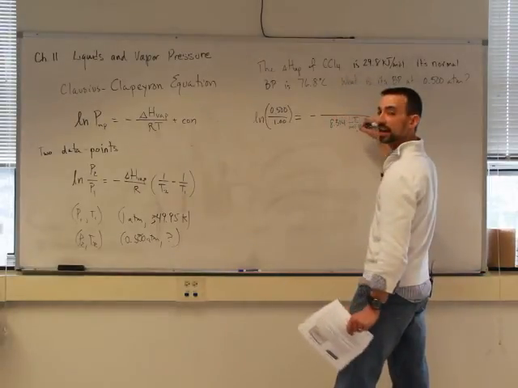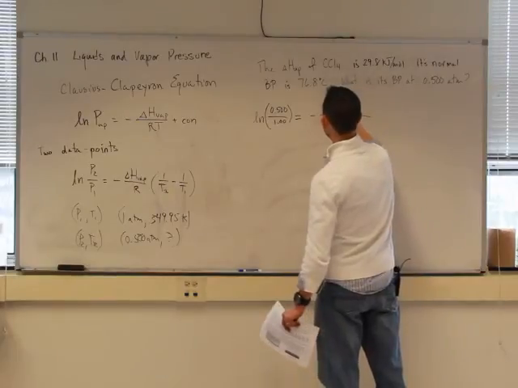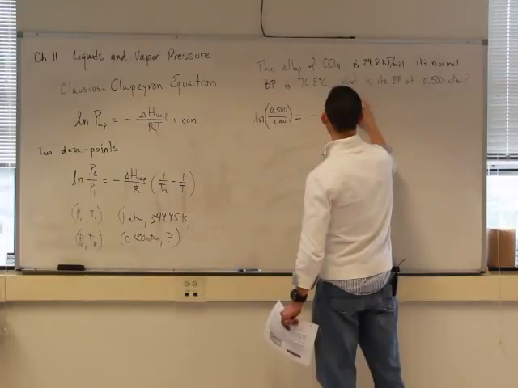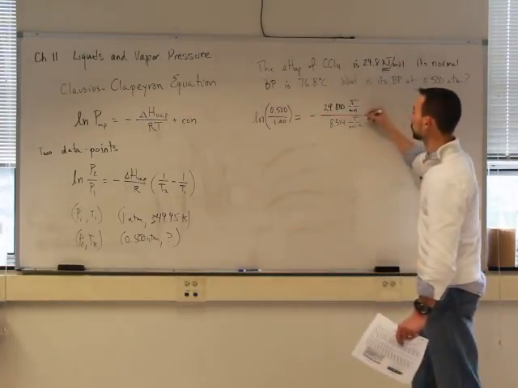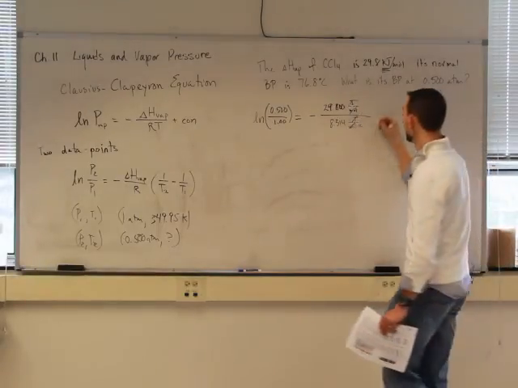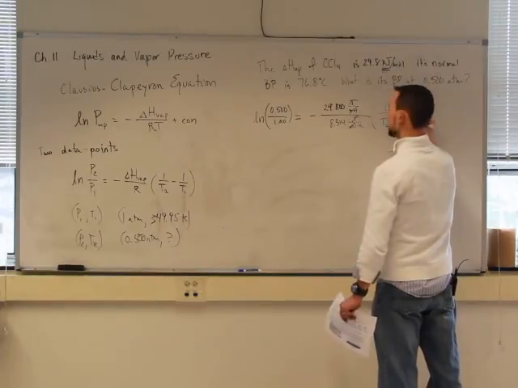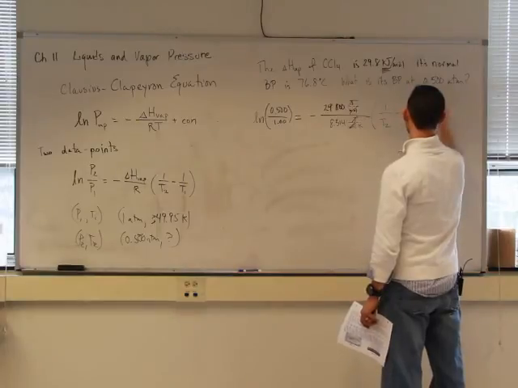And I did that intentionally because this enthalpy now needs to be 29,800 joules per mole. Right? The kilojoules needed to be converted to joules to match up down here. Okay? And then we have 1 over our unknown T2 minus 1 over 349.95 Kelvin.